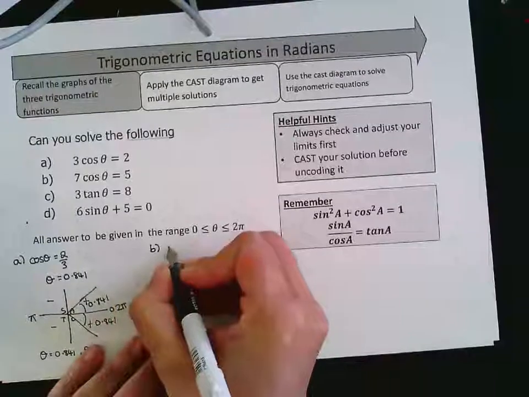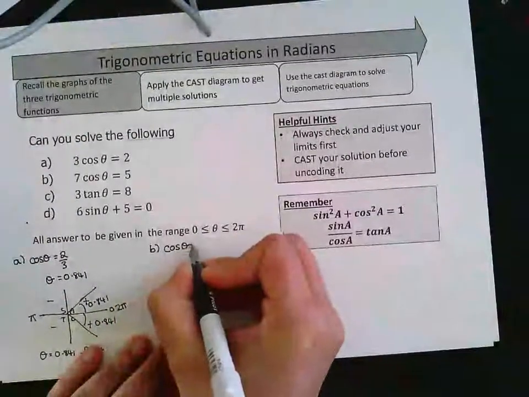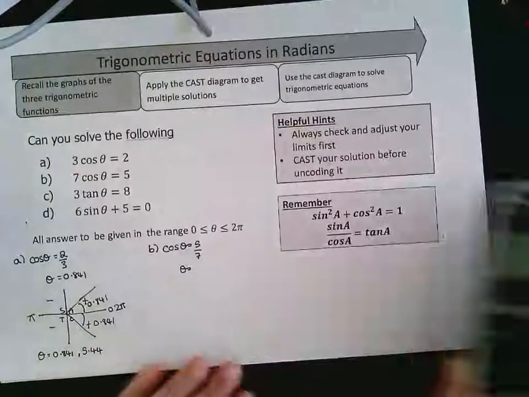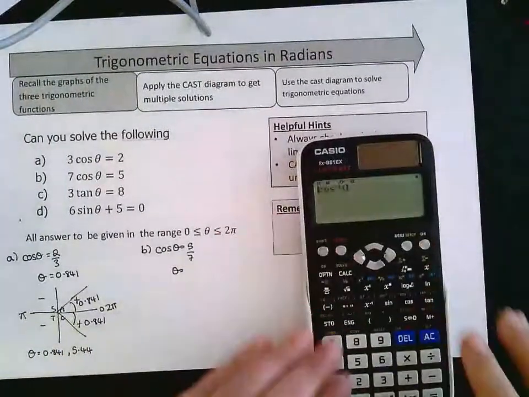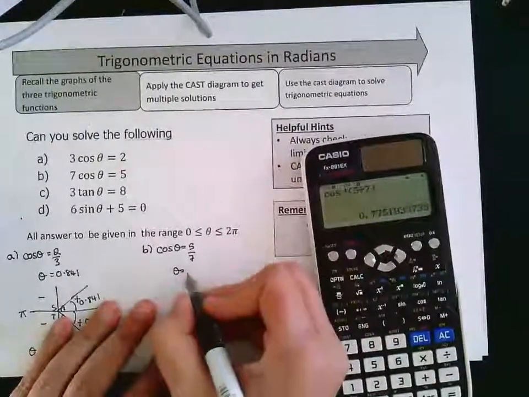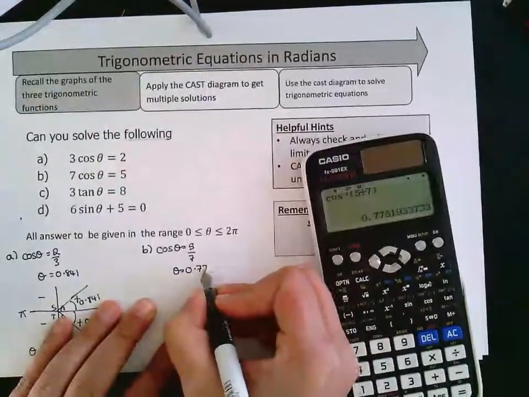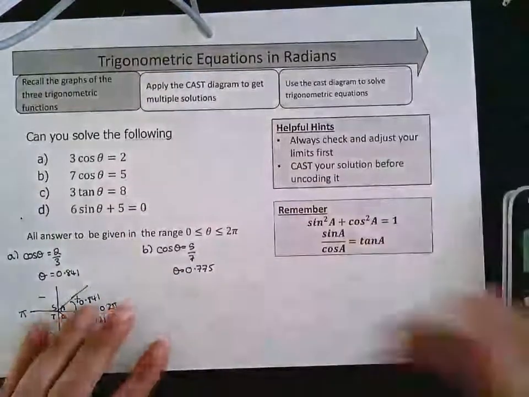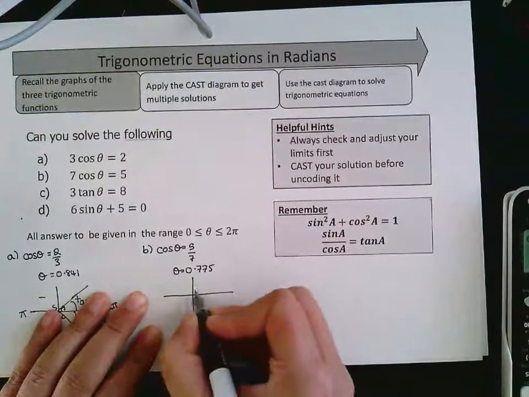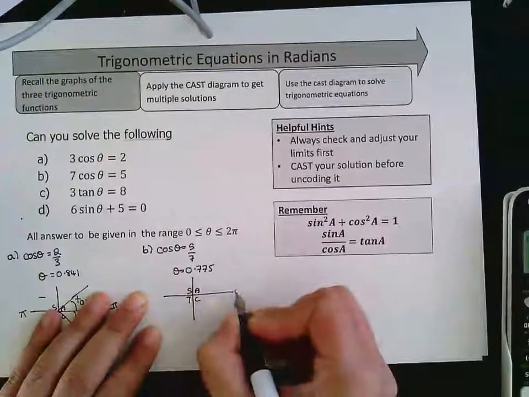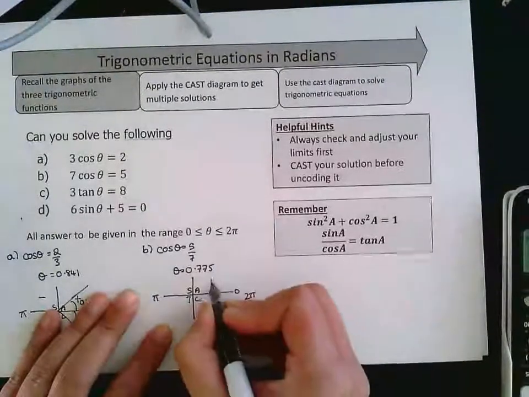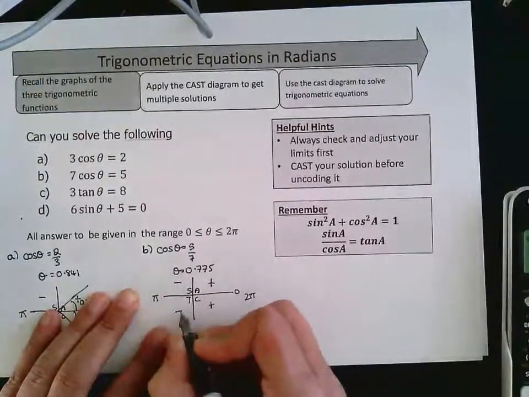B. This time again, cos theta will become 5/7. Using my calculator, shift cos of 5/7 is 0.775. Again, positive angle. It's cos, so positive here and here, negative here and here.